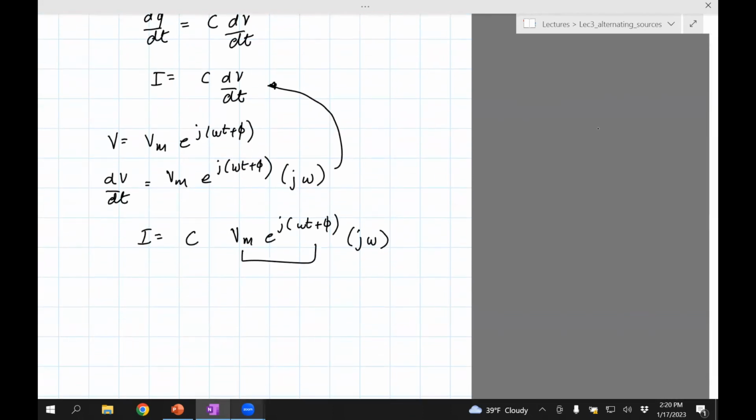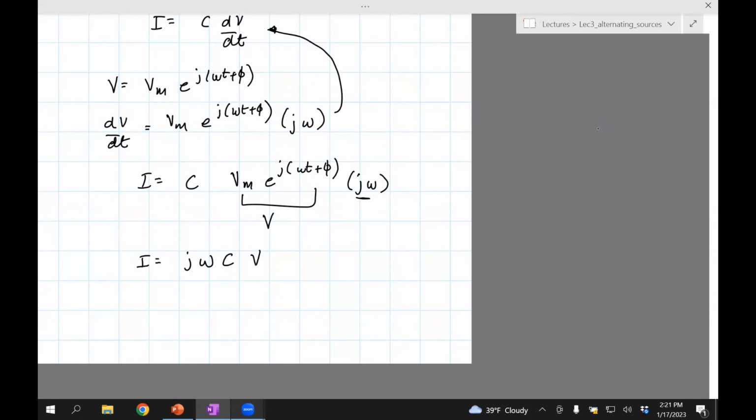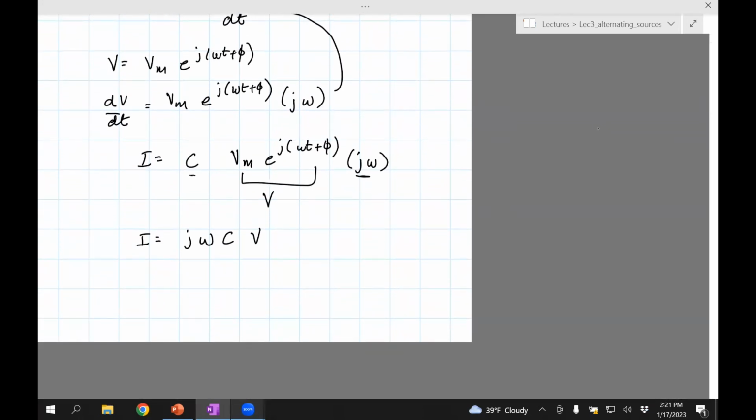But we did assume this to be our voltage, so we can put all this together as j omega C V. But we want to write it as V divided by I, or V equals ZC times I. So let me divide both sides by j omega C. So I divided by j omega C equals V.